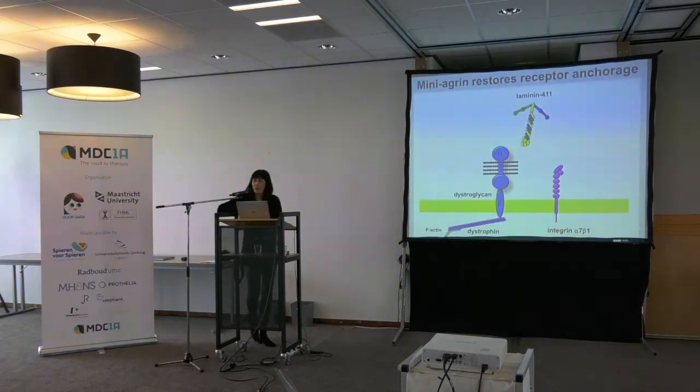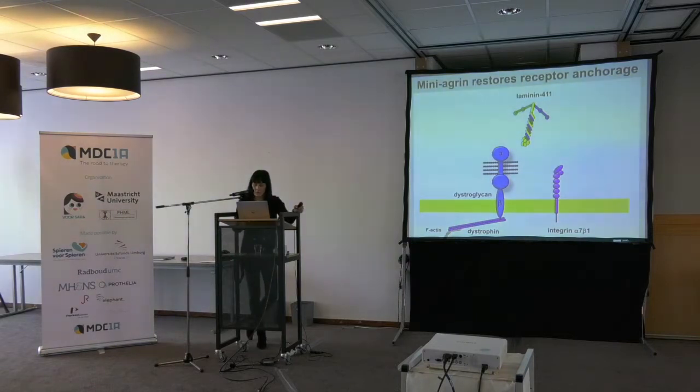Basically, if we go back to how it looks in MDC1A, remember laminin alpha-2 chain, laminin 211, is missing, there is a secondary reduction of the integrin subunit and a compensatory upregulation of laminin 411. Now this laminin cannot bind well to the receptor dystroglycan and it cannot polymerize.